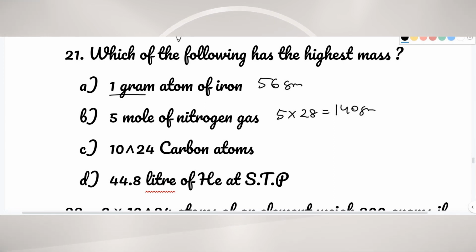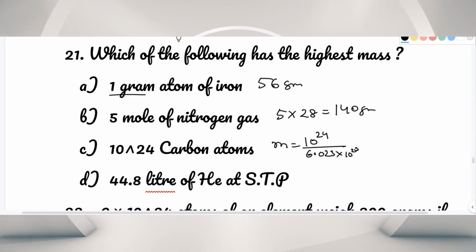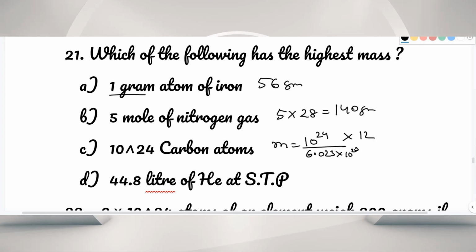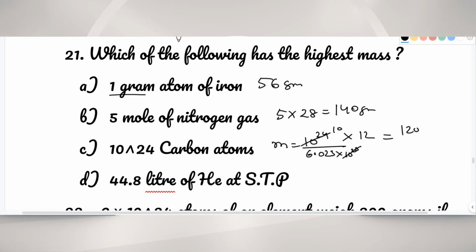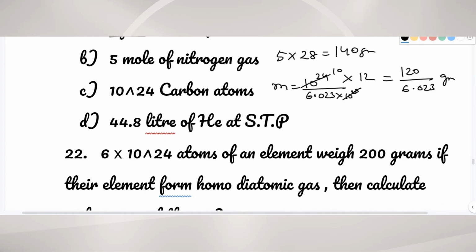Mass and number of atoms. So mass is 10 to the power 24 by 6.023 into 10 to the power 23 times carbon atoms molar mass, that is 12. So this cancels, you get 10 times 12, 120 by 6.023, this many grams. And 44.8 liters of helium's mass.